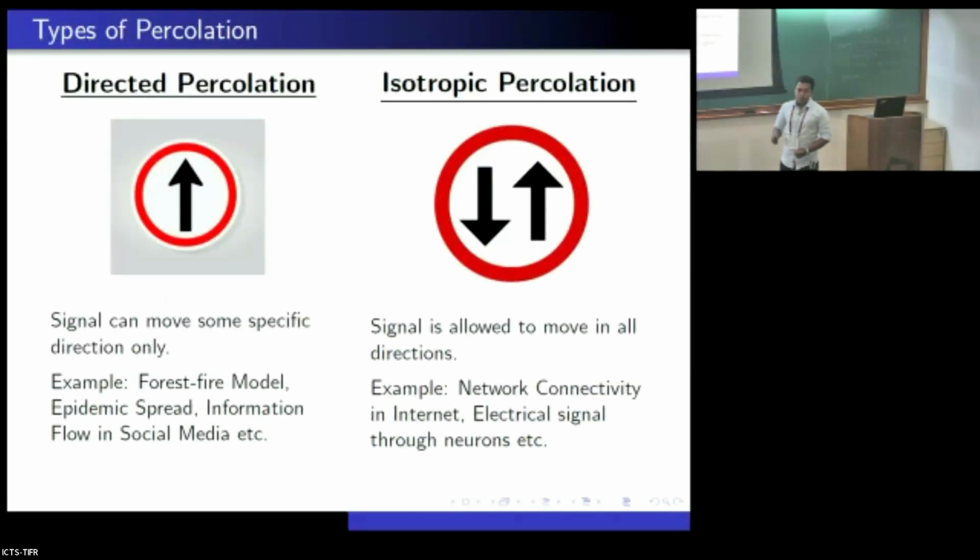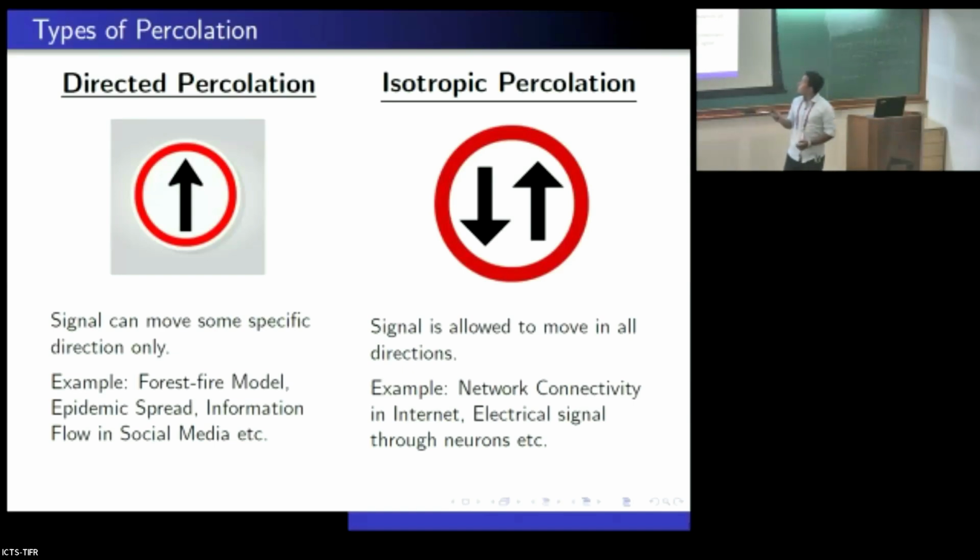There are types of percolation, like directed percolation, when only the forward direction is allowed and any other directions are forbidden. For example, the forest fire model, disease spread, or information flow in media, even rumors too.